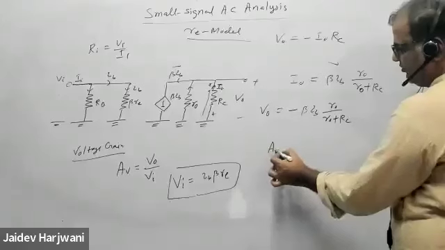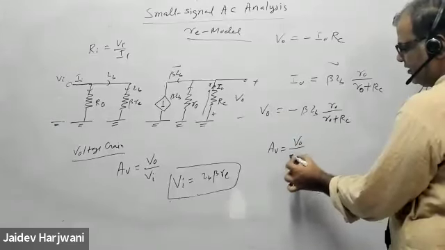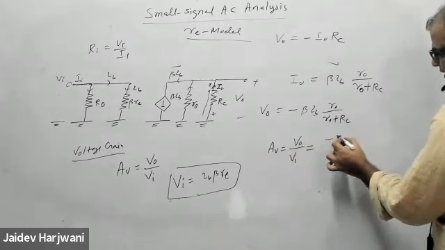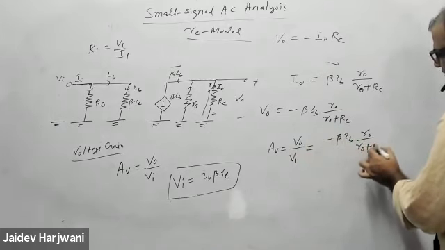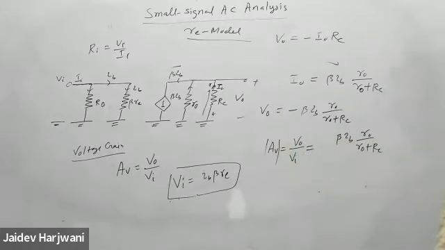The voltage gain AV will be V naught by V input, that is minus beta IB R naught over R naught plus RC. Now gain is always defined as a positive quantity, not a negative quantity.